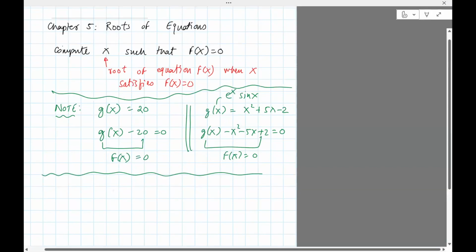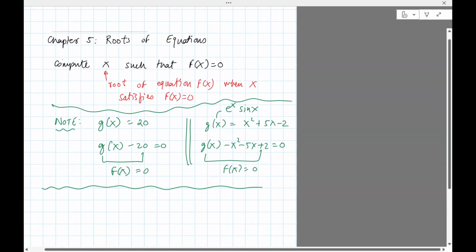Okay, so let's look at a simple motivating problem. We'll find the roots of a quadratic equation.